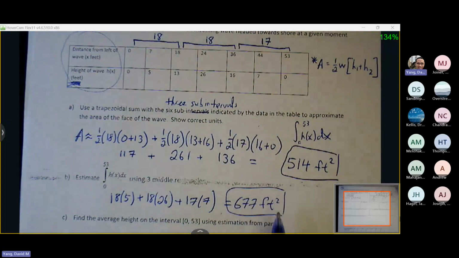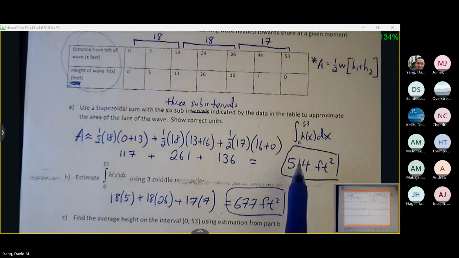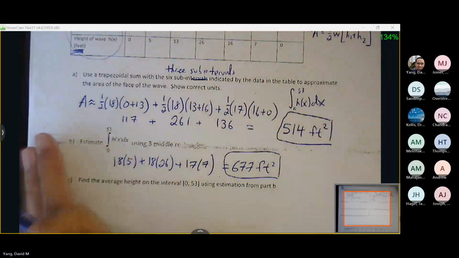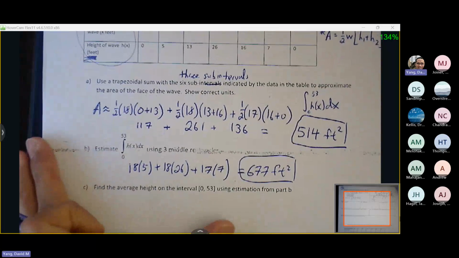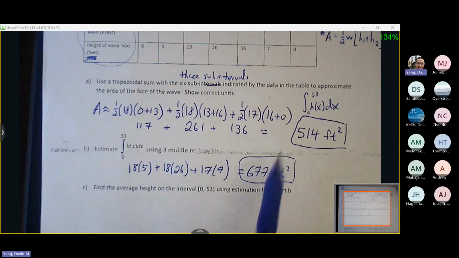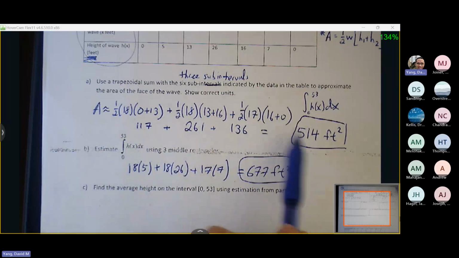So these are both trying to approximate the same thing, but the trapezoid is going to be the better approximation of the two, but you're not going to be asked to compare. But just to let you know, trapezoids are geometrically the best approximation.